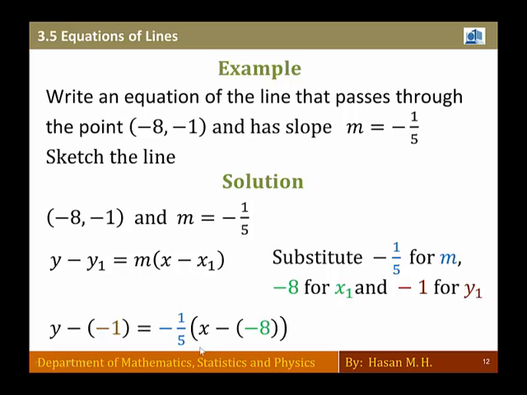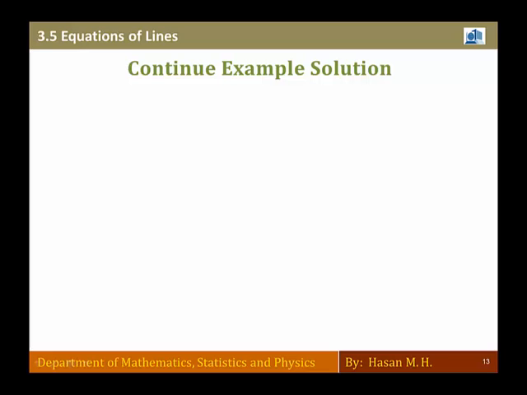We will have y minus -1 equals -1/5 times (x minus -8), which is y plus 1 equals -1/5 times (x plus 8).